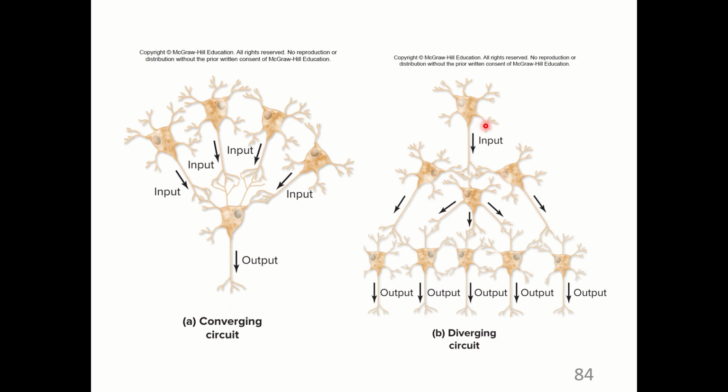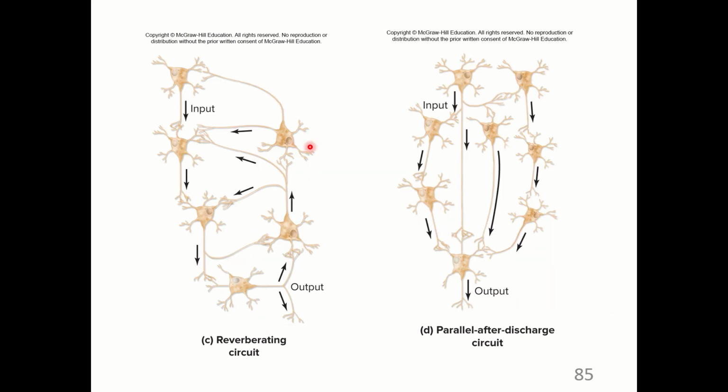And we have a diverging circuit where we have one input and several outputs. We have the reverberating circuit, which keeps it running. And then parallel after discharge. So here is our input, and then we can see that the output will continue well after the input because it just kind of keeps hopping. So watch that video to further explain how each of these work.